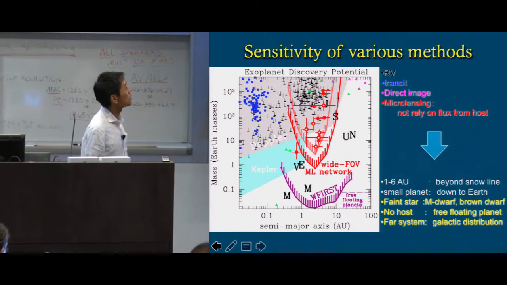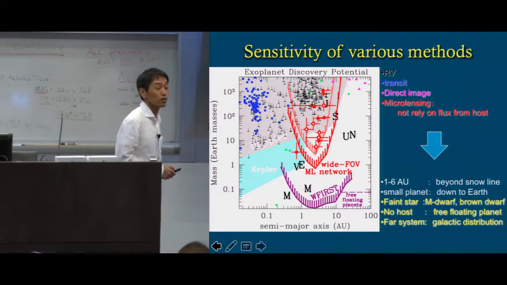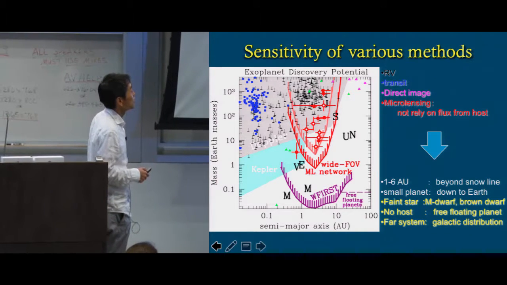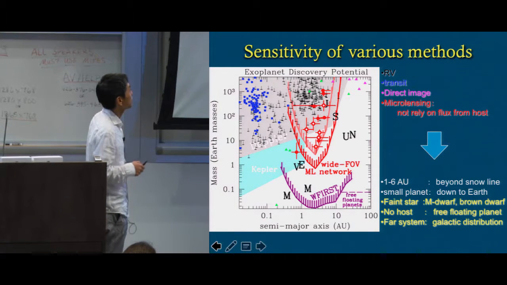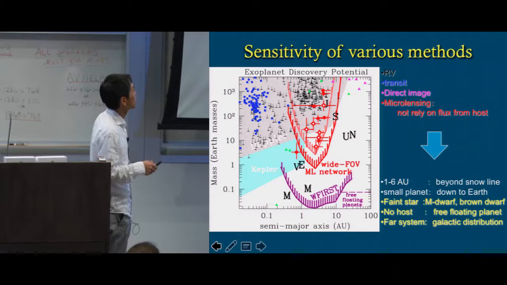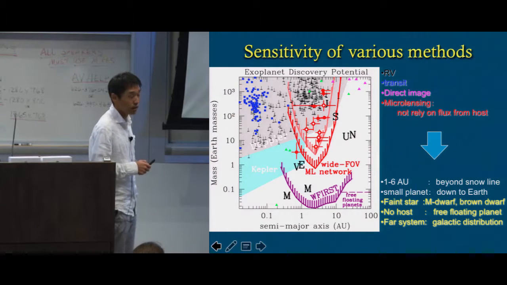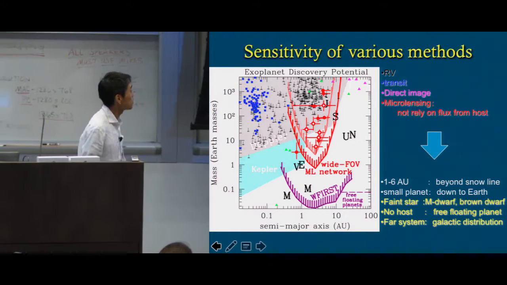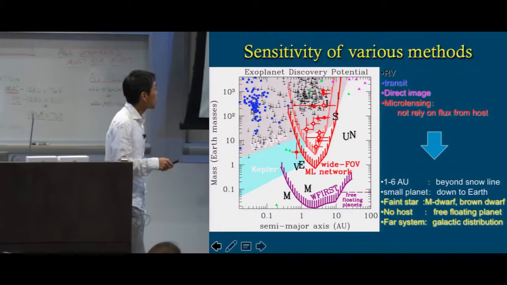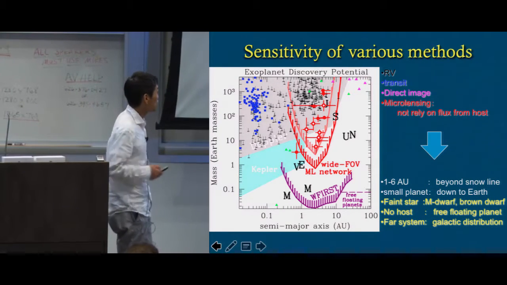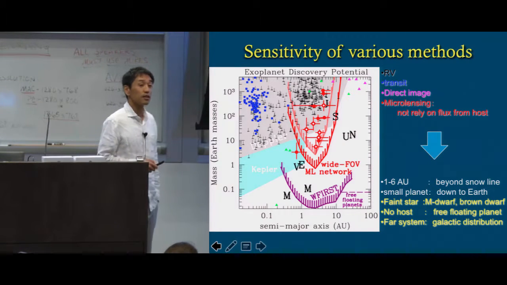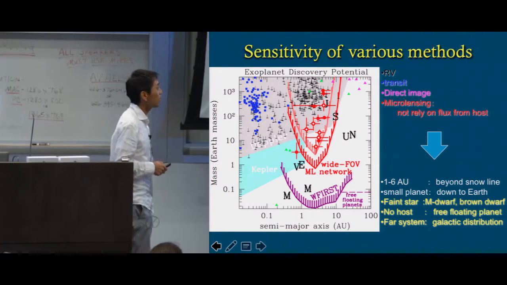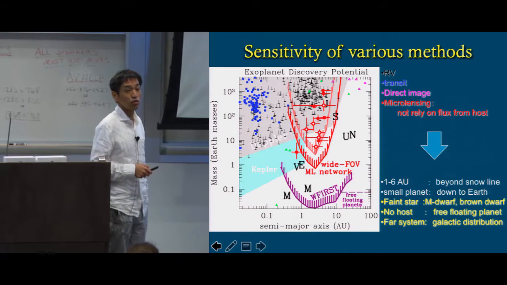Here is the sensitivity of the various different methods of exoplanet search. Black is the radial velocity, blue transit, magenta direct imaging, and red shows the sensitivity of the current microlensing observation. And purple indicates the future Roman sensitivities. The uniqueness of microlensing is that it does not rely on the flux from the host stars.